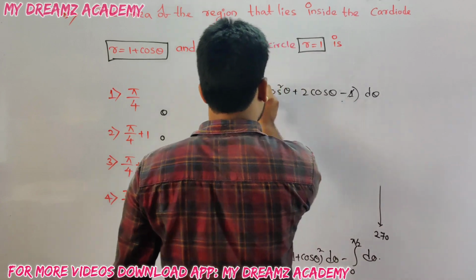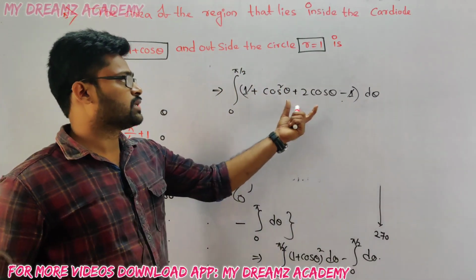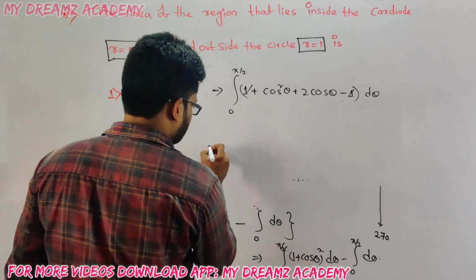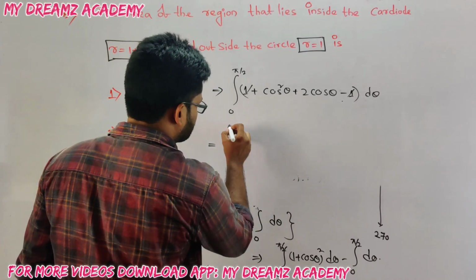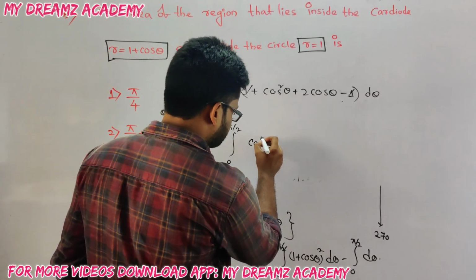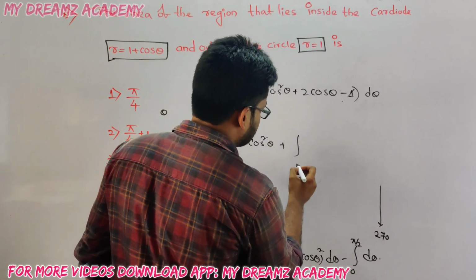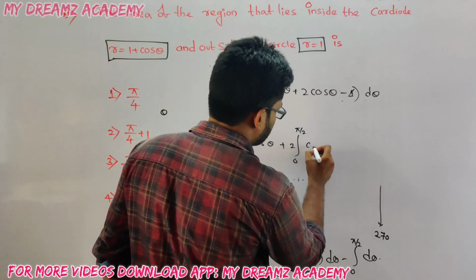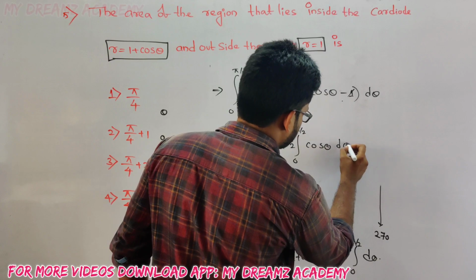So minus 1 plus 1 will get cancelled, the remaining terms are cos square theta plus 2 cos theta: integration over 0 to pi by 2 of cos square theta plus integration over 0 to pi by 2 of 2 cos theta d theta.